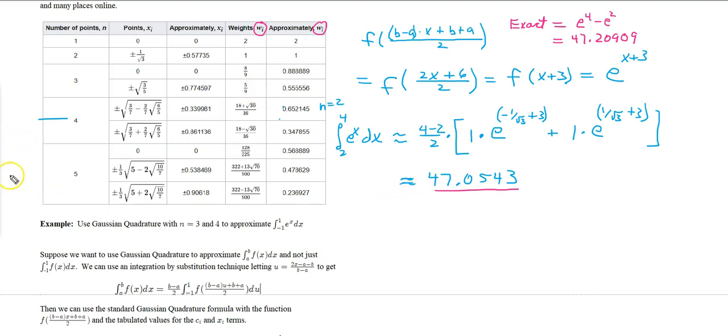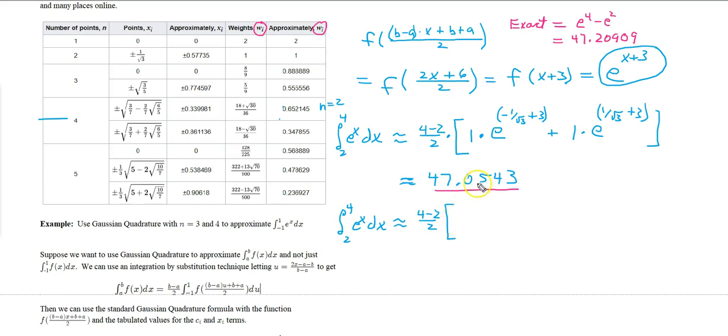So then going back to our problem here, what we're going to get is the integral using this function right here that we found. We're still going to have the (4 minus 2) over 2.